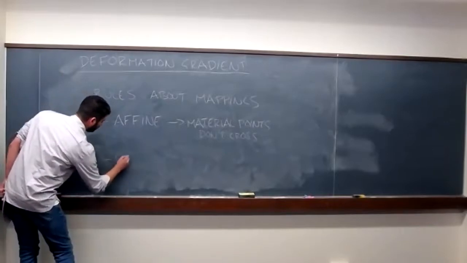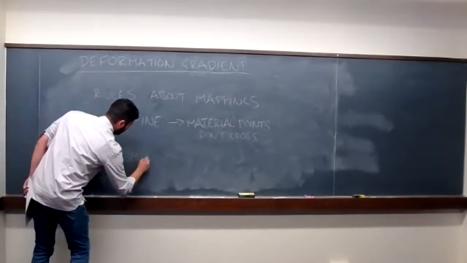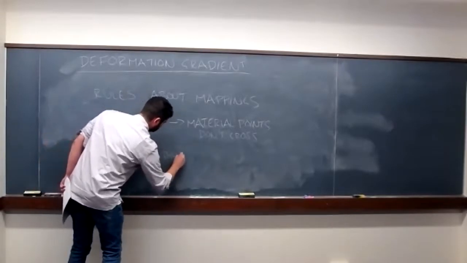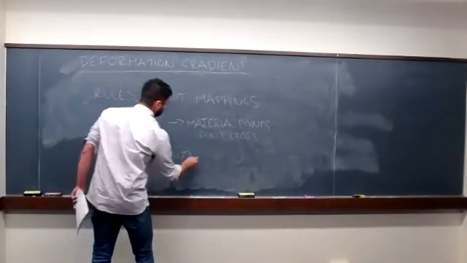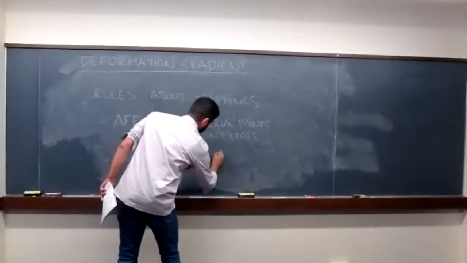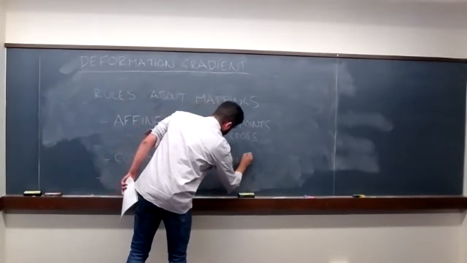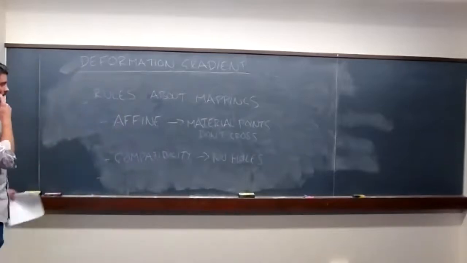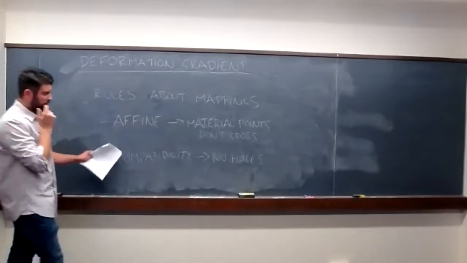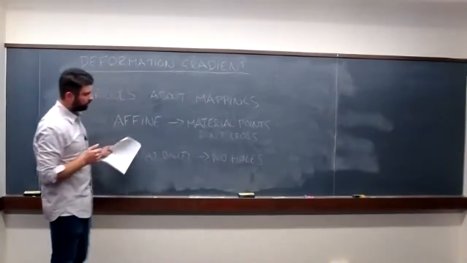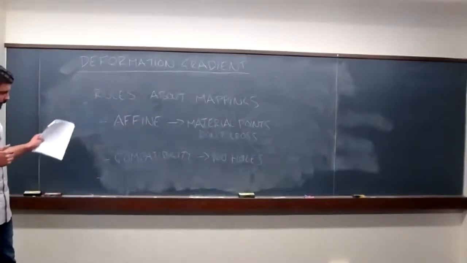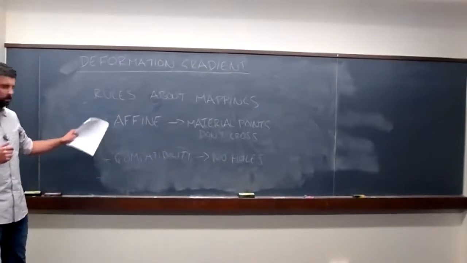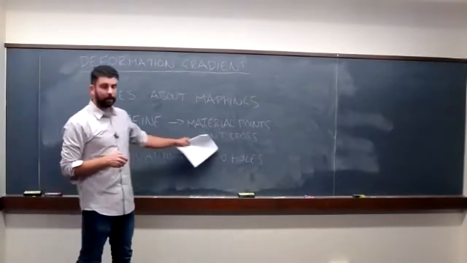The other important rule is it has to maintain compatibility. Which I kind of think of, there are no holes. And so, some of these rules are a little bit why, when I drew that chart earlier, why continuum mechanics kind of breaks down, why we don't use continuum mechanics down at the atomic scale.